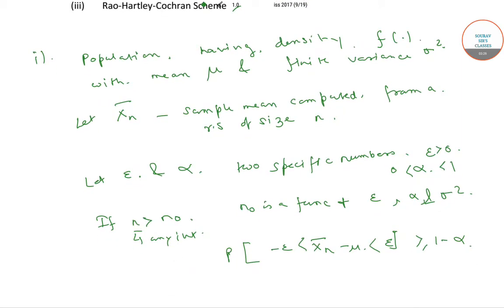Here epsilon is known as the margin of error in estimating mu by X n bar, and 1 minus alpha is the desired level of accuracy.